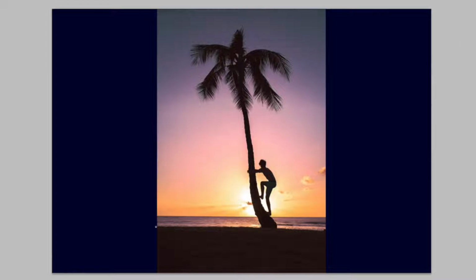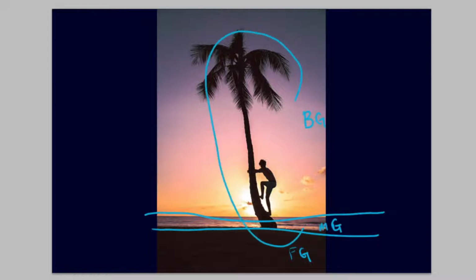So you can easily say that your foreground's here, your midground's here, and this is your background. So you can ignore this thing, but it will make the picture really simple.